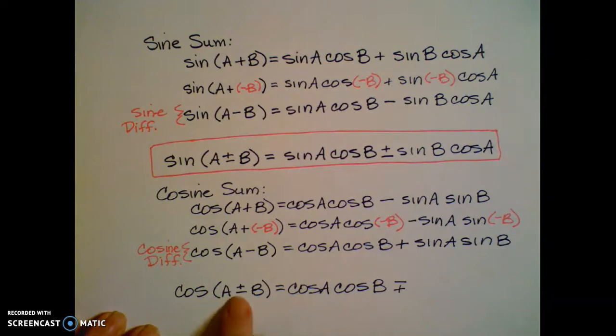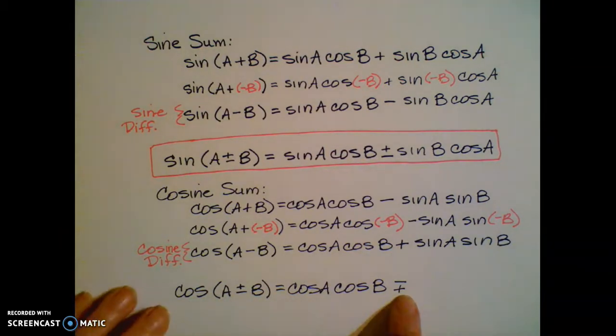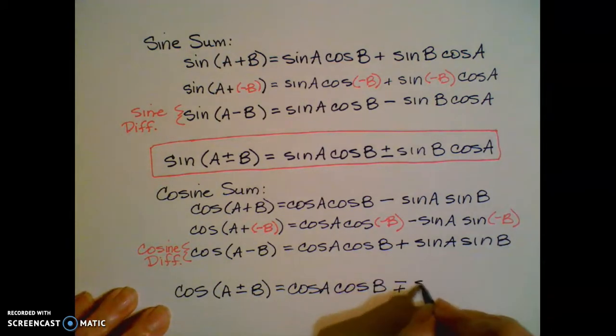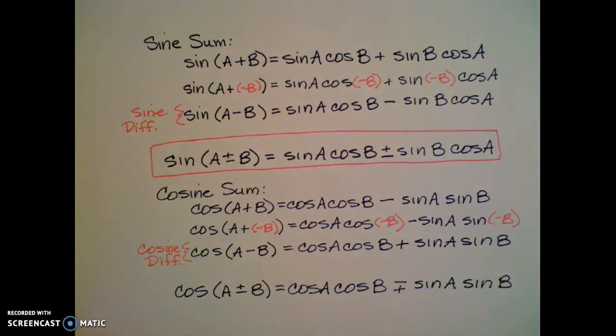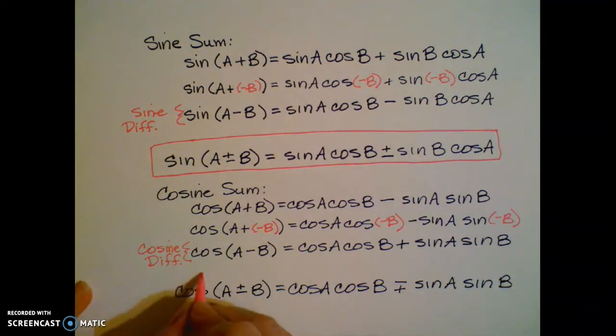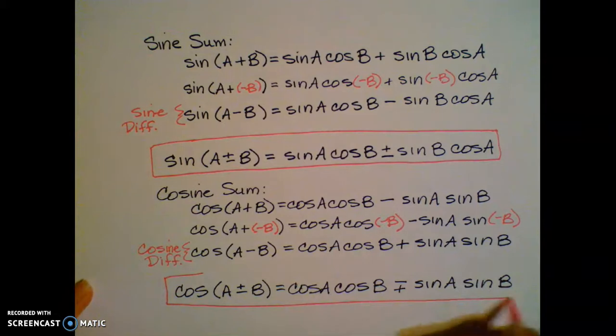So rather than here where we have the cosine of A plus or minus B, and the right side when it's in an expanded form, it's going to be minus or plus, indicating that you have to remember to change the sign of the symbol. Whether it's plus, it's going to become a minus, and if it's a minus, it's going to become a plus. And that represents then both of the cosine sum and difference identities in the terms of how our book will have them written.